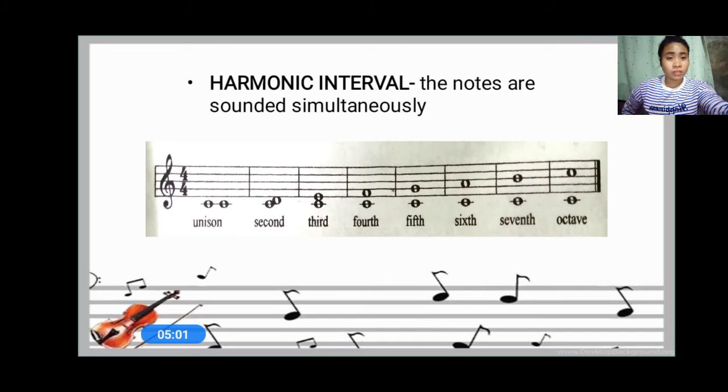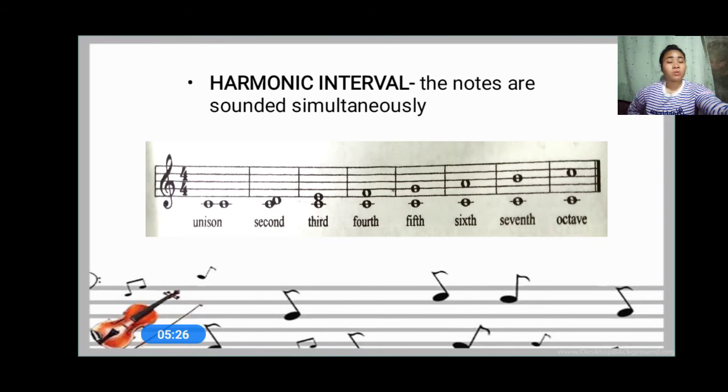We have the unison, the second, the third, the fourth, the fifth, the sixth, the seventh, and the octave. Please remember where the whole note is located. Is it in a space or on a line? Please remember it.